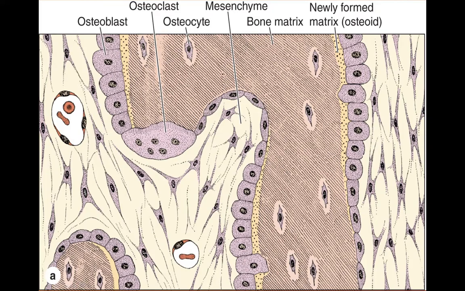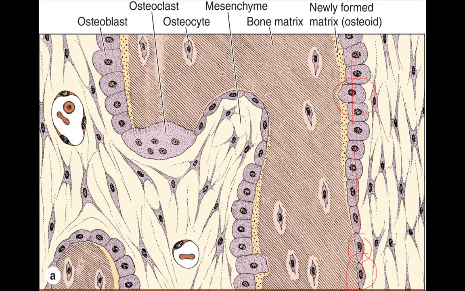This good illustration of the different types of bone cells is taken from Junqueira. Look at this area right here. These are all osteoblasts, and they are involved in bone formation. If this one is a flat osteoblast, it is an inactive osteoblast. Look at this specific osteoblast: this is more of a columnar or cuboidal osteoblast, and this is an active osteoblast.